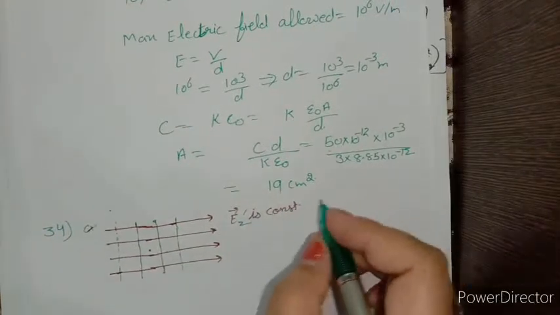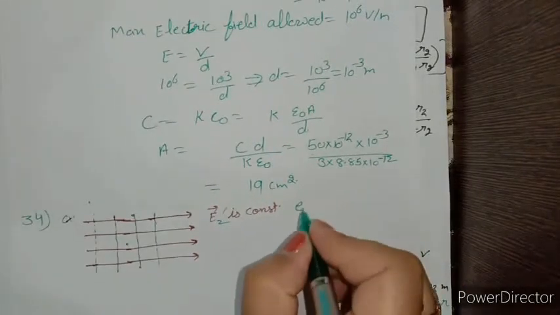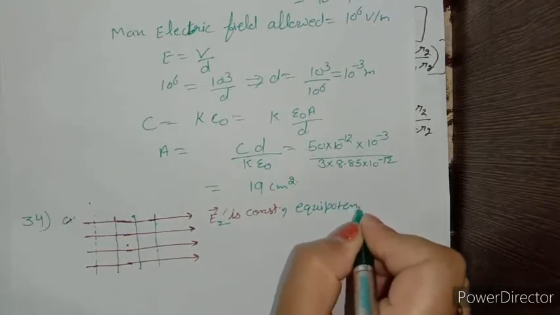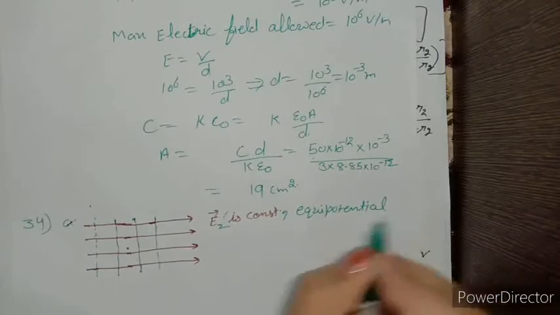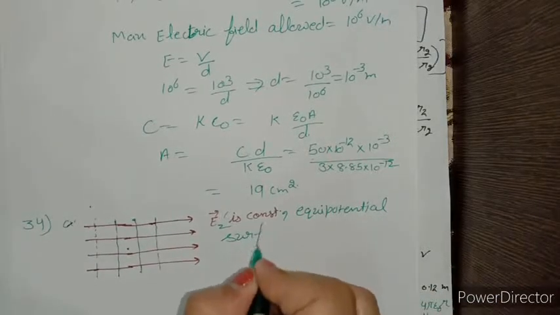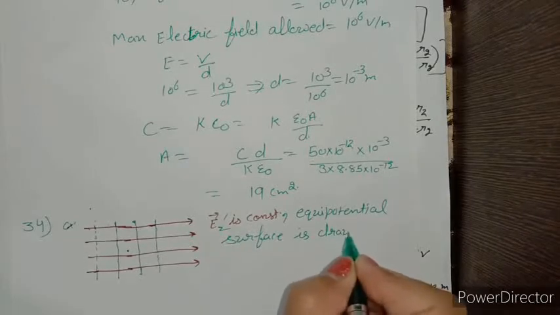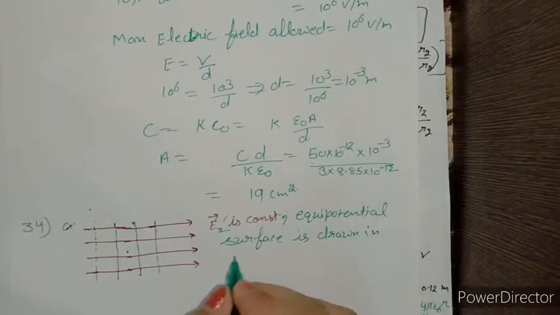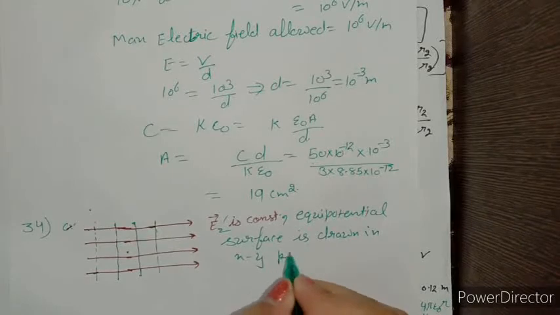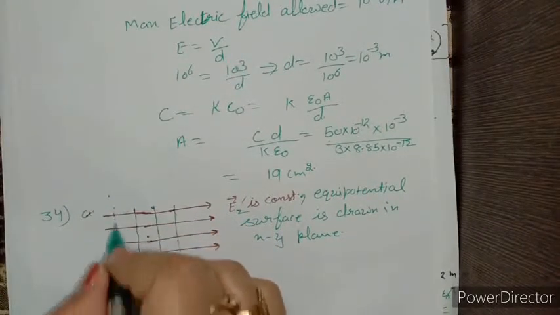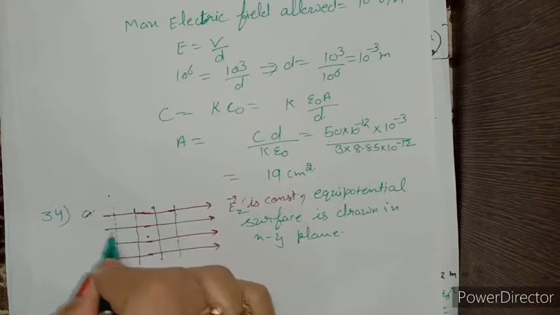Then the equipotential surface is drawn in xy plane, right? Now we draw these perpendicular lines to the z axis.